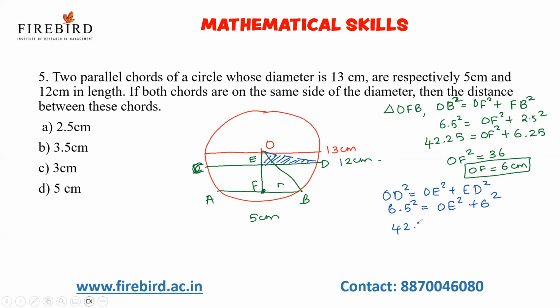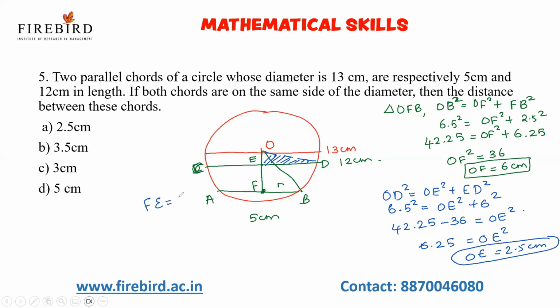So 42.25 minus 36 is equal to OE square. So 6.25 is equal to OE square and OE will be equal to 2.5. And what is the distance FE? FE is nothing but OF minus OE. So if I subtract both the values, I'll get 3.5 centimeters.